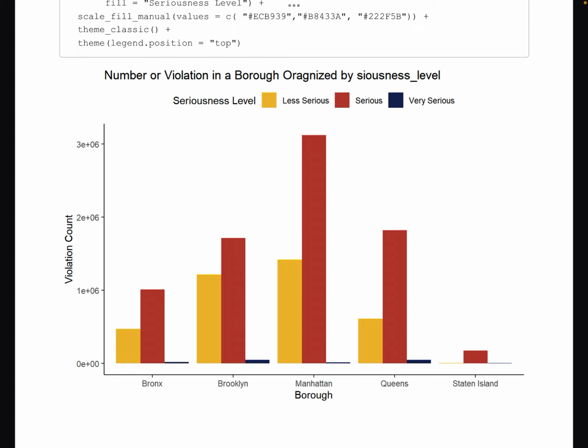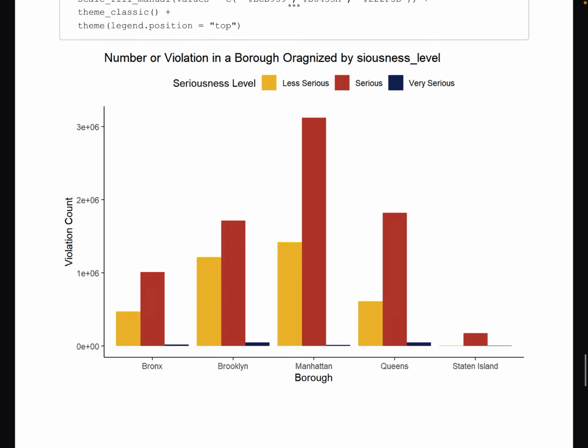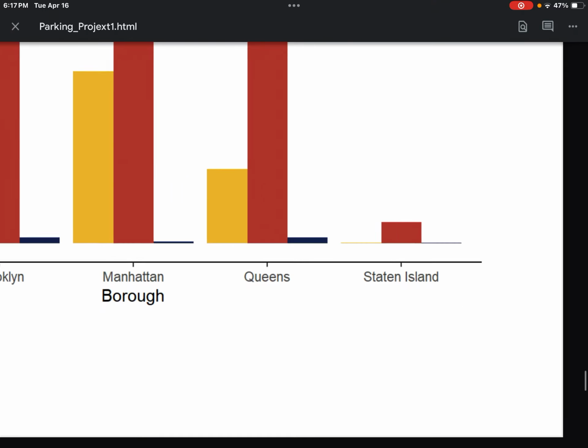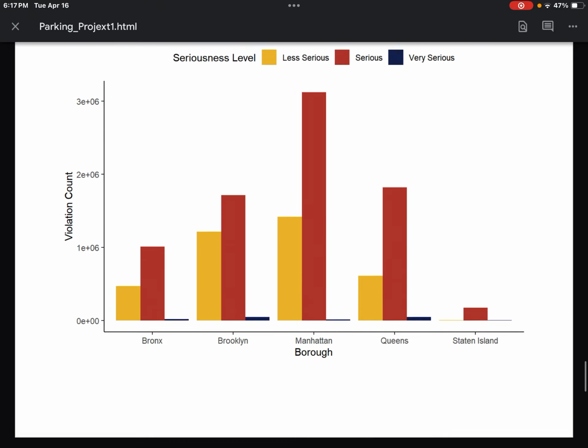Maybe Brooklyn had a lower seriousness level, and Manhattan had more serious parking violations. Queens had the most, based on the distribution, but no real concrete examples.